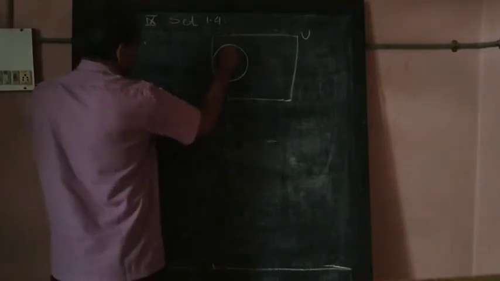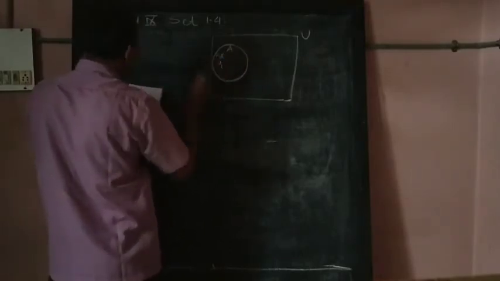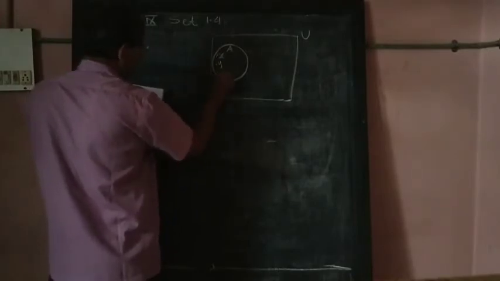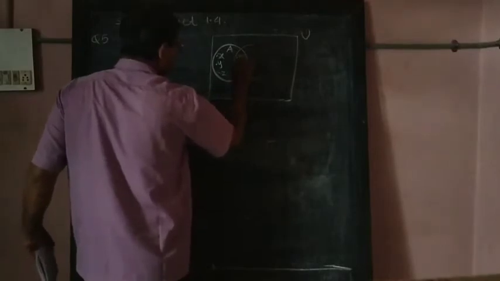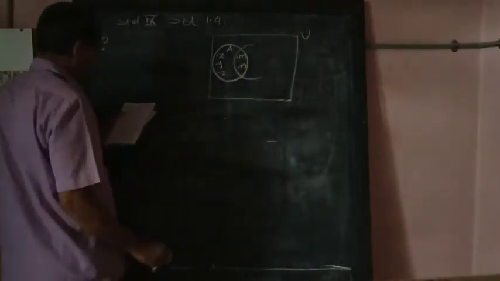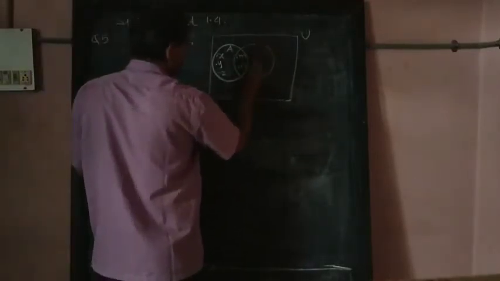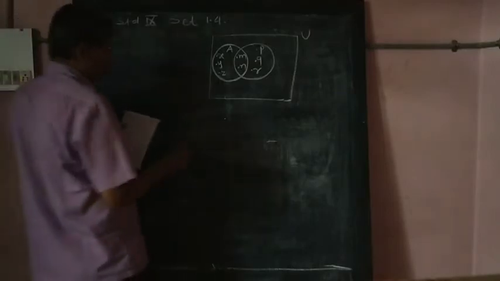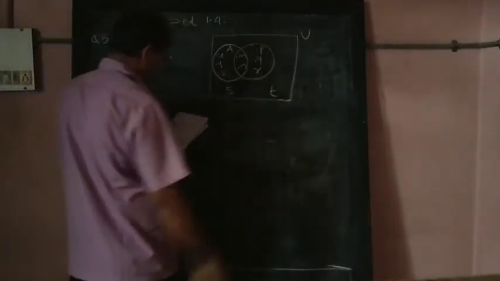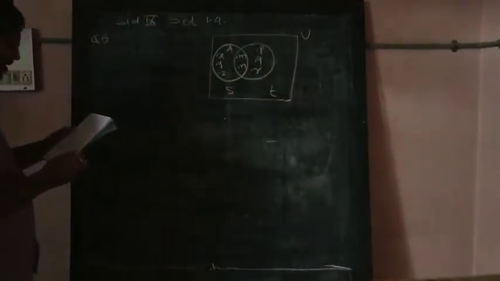In this circle A, X, Y, Z, and in the intersection M, here N, and here P, Q and R are mentioned, and in the universal set S and T are given to you. What do you want to find? Check.